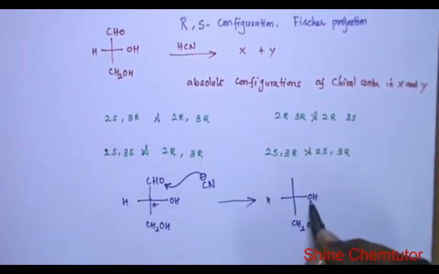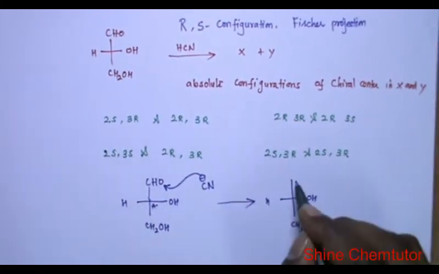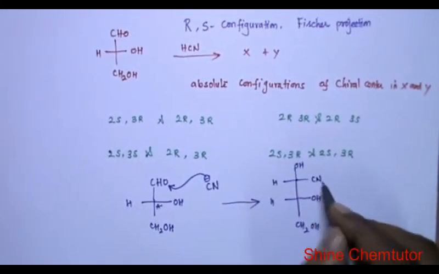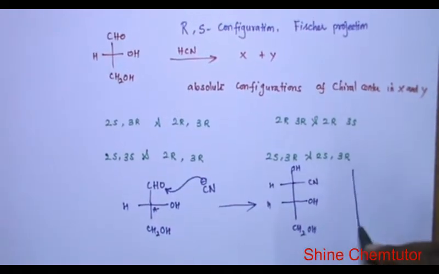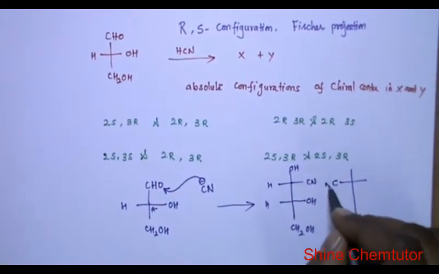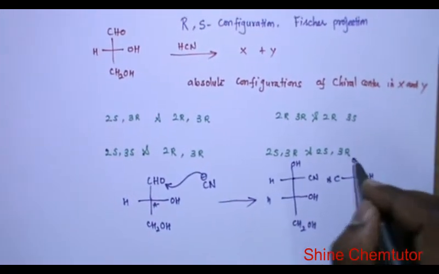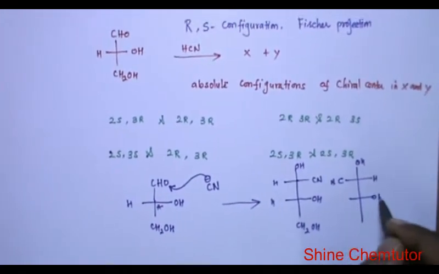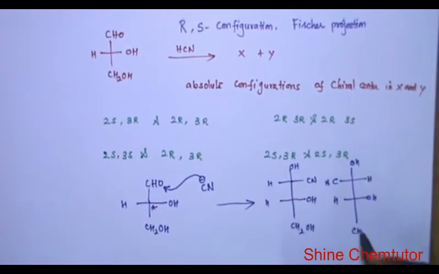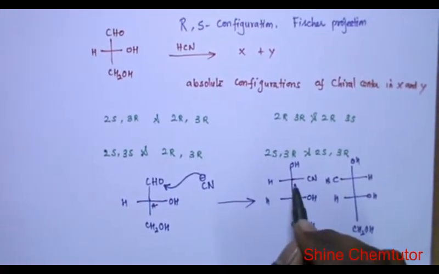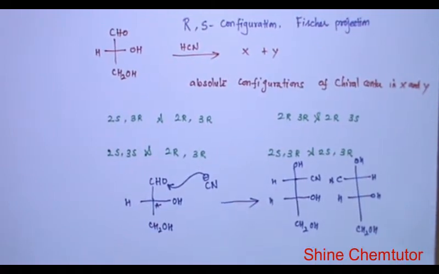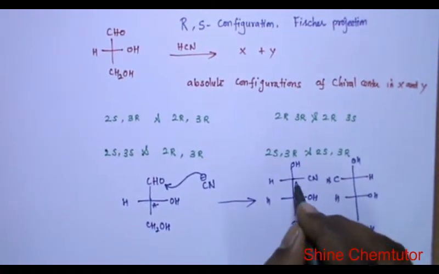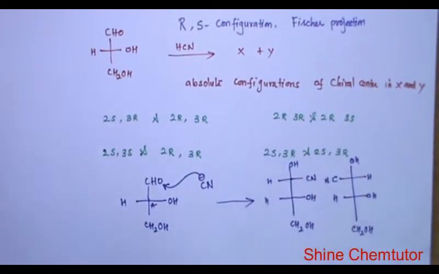I have not disturbed this chiral center. It is the same as the starting material. Here I have attacked cyanide this side. The other one, if the chiral center of this carbon is R, then this will be S. So you need not try to find out the configuration of this.